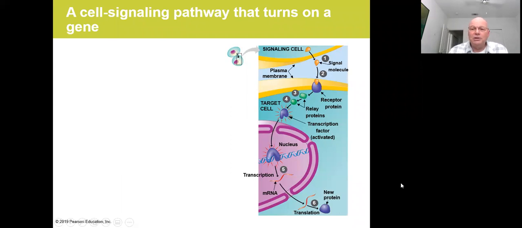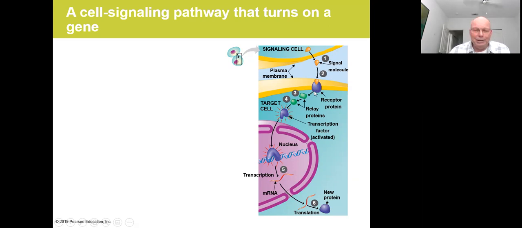So here is an overall view of the signaling pathway. The signaling molecule is produced by the cell that is going to release the signal, the signaling cell, which could be a cell producing hormones, or it could be a cell producing protein molecules. But that signal molecule is released out of the signaling cell into the environment. It then binds to the receptor protein on the surface of the target cell.